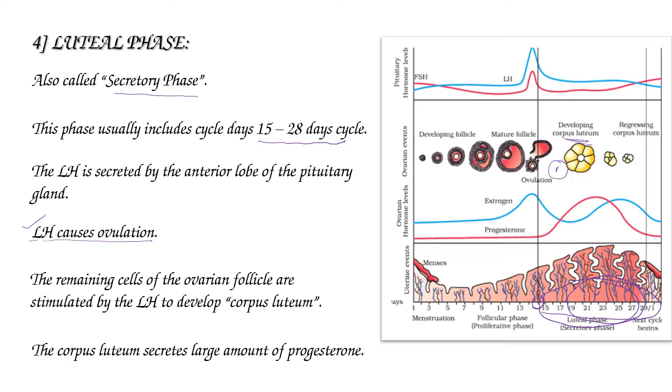If fertilization does not take place, then the ruptured Graafian follicles are converted into white colored bodies called the corpus albicans. So, if fertilization takes place, it forms a corpus luteum. If fertilization fails, it converts into corpus albicans.